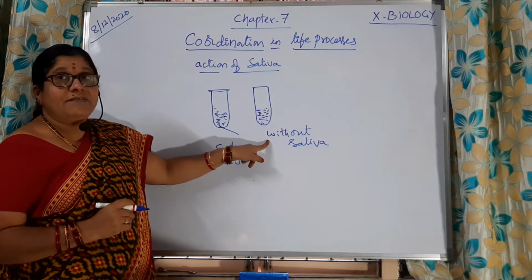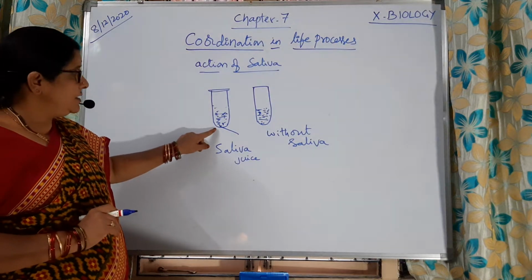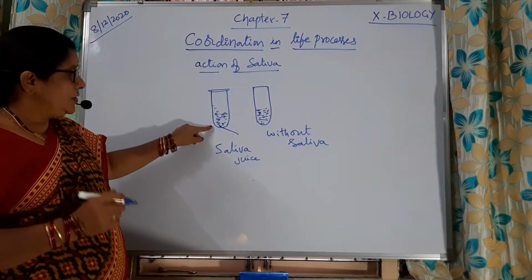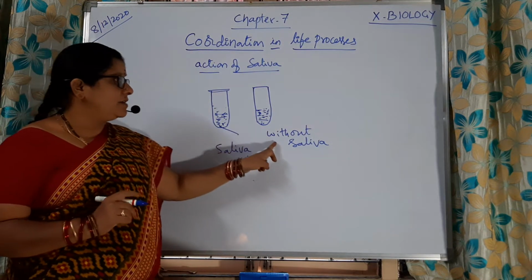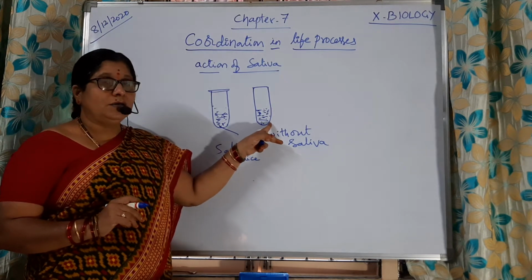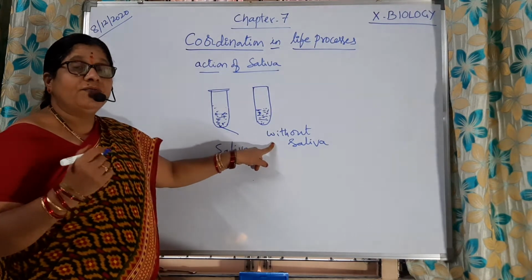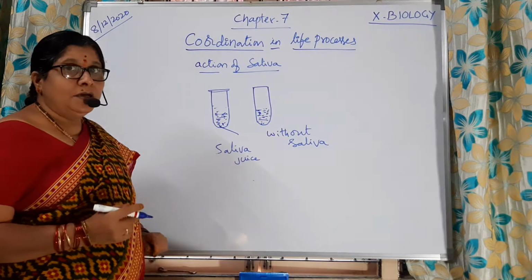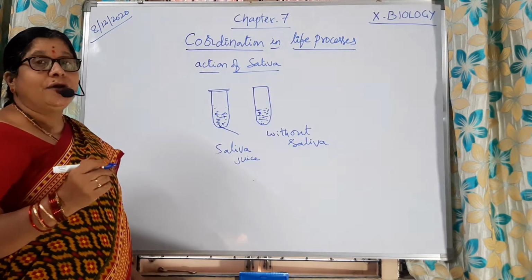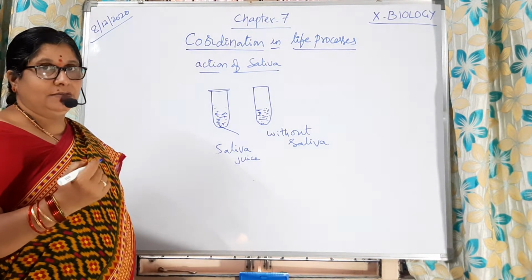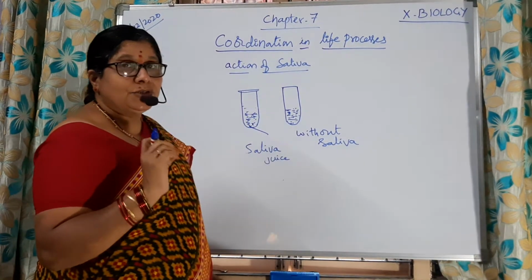So these 2 test tubes, one with the flour solution having salivary juice, another with wheat flour or rice flour solution without saliva. After 45 minutes, to both the test tubes we have to add tincture iodine solution. Is it clear to you? So these 2 are added with the iodine solution.